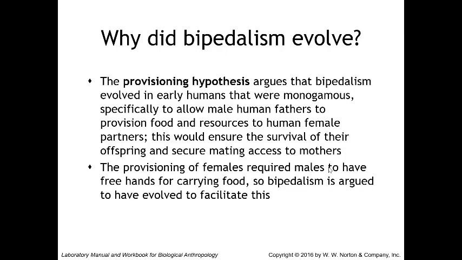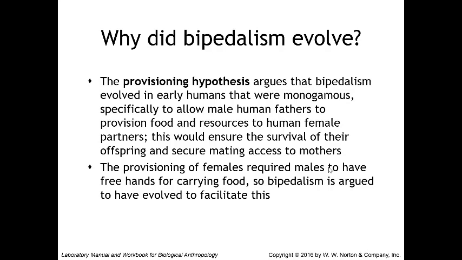Which then brings us to the provisioning hypothesis. The provisioning hypothesis argues that bipedalism evolved in early humans that were monogamous, specifically to allow male human fathers to provision food and resources to the human female partners. This would ensure the survival of their offspring and secure mating access to mothers.